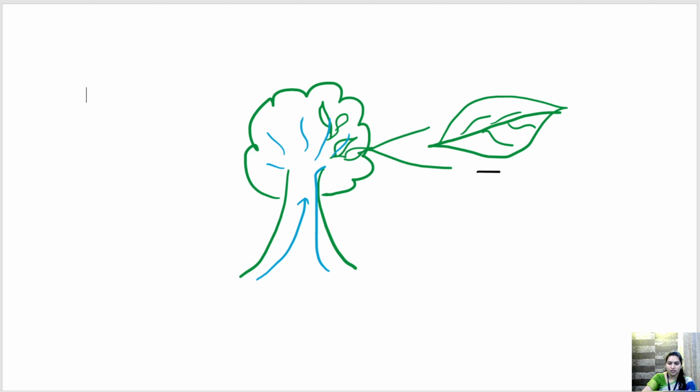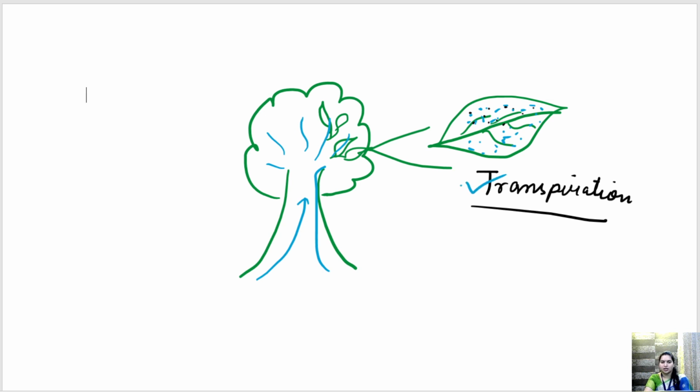Transpiration is a process in which the leaf releases few amount of water. Okay, इसमें क्या आ जाते हैं? कुछ water की droplets आ जाती हैं. Let me draw it with blue. So there are few droplets of water that is present over the leaf surface and that is called transpiration.